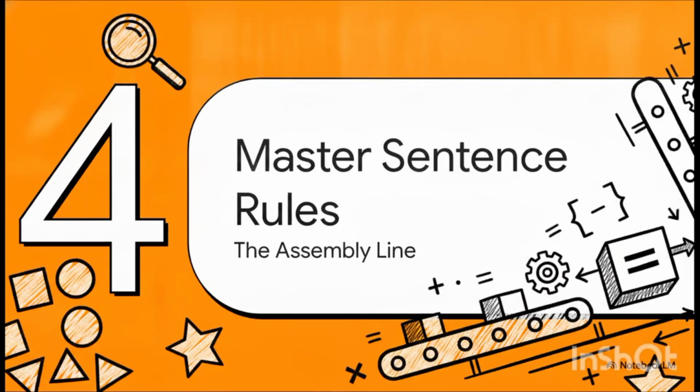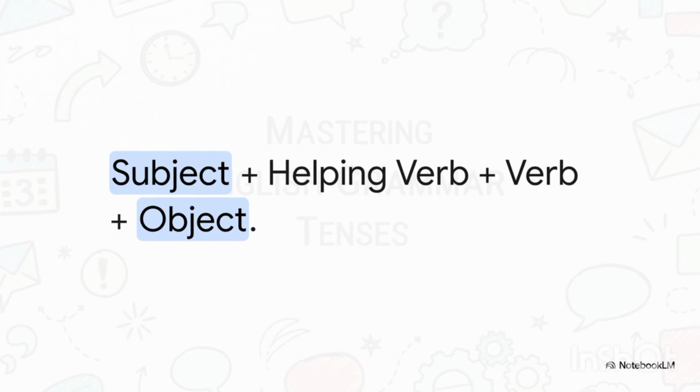Which brings us to part 4, the master sentence rules, the assembly line. Okay, so for a standard affirmative sentence, the assembly line is pretty straightforward. You've got subject, helping verb, main verb, and object. Boom, boom, boom.